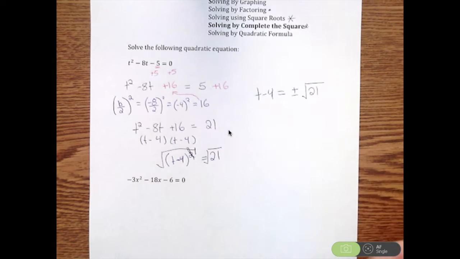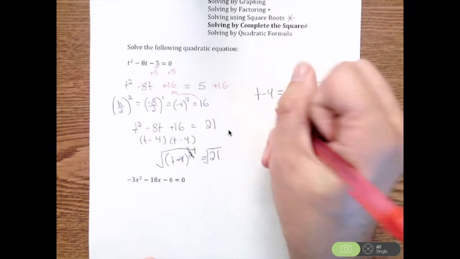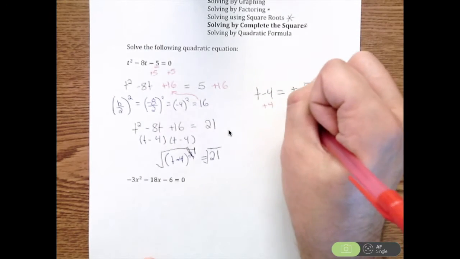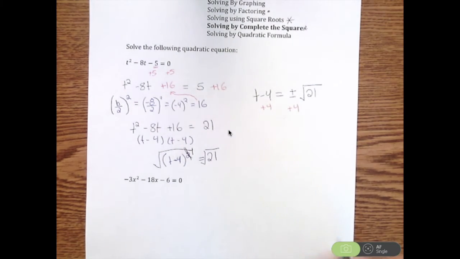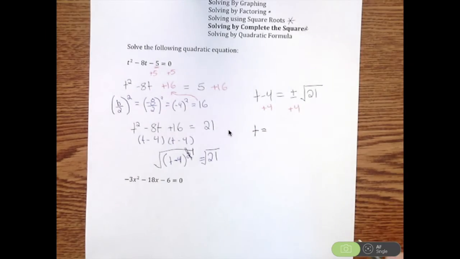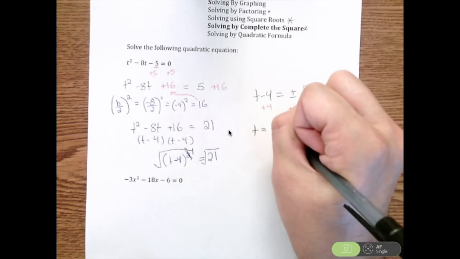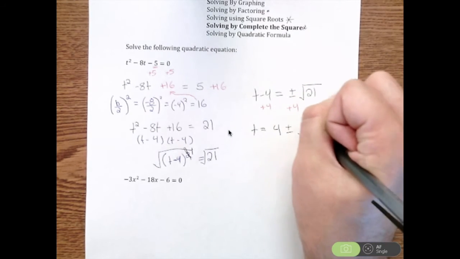So we're almost done here. The next step, I just need to get my t all alone. So I'm going to add 4 to both sides. So I'm left with t all by itself on the left side, and that's what we want. We want to get our variable isolated. On the other side, I have positive 4 plus and minus square root of 21.